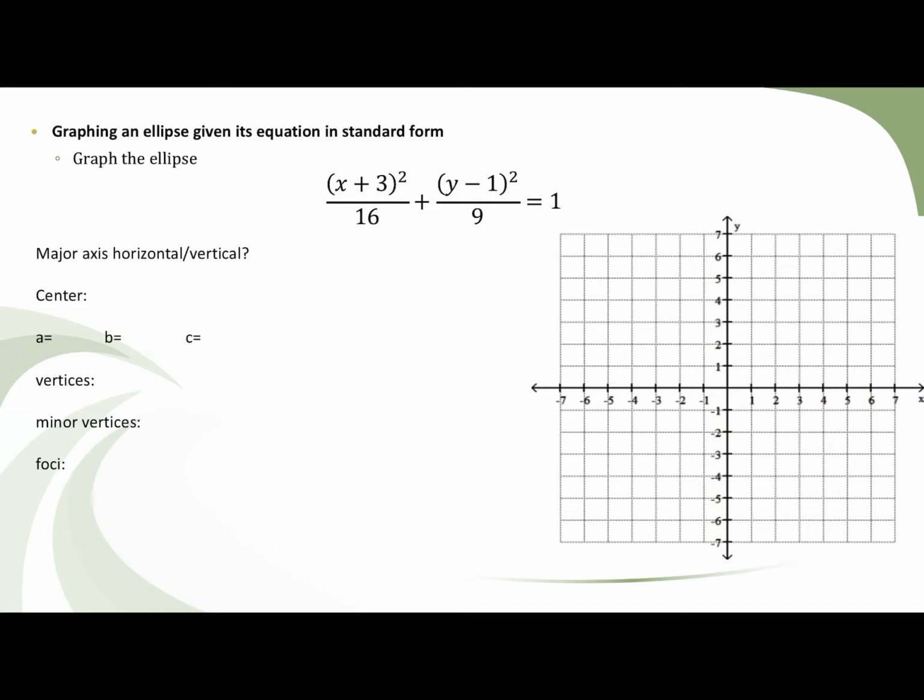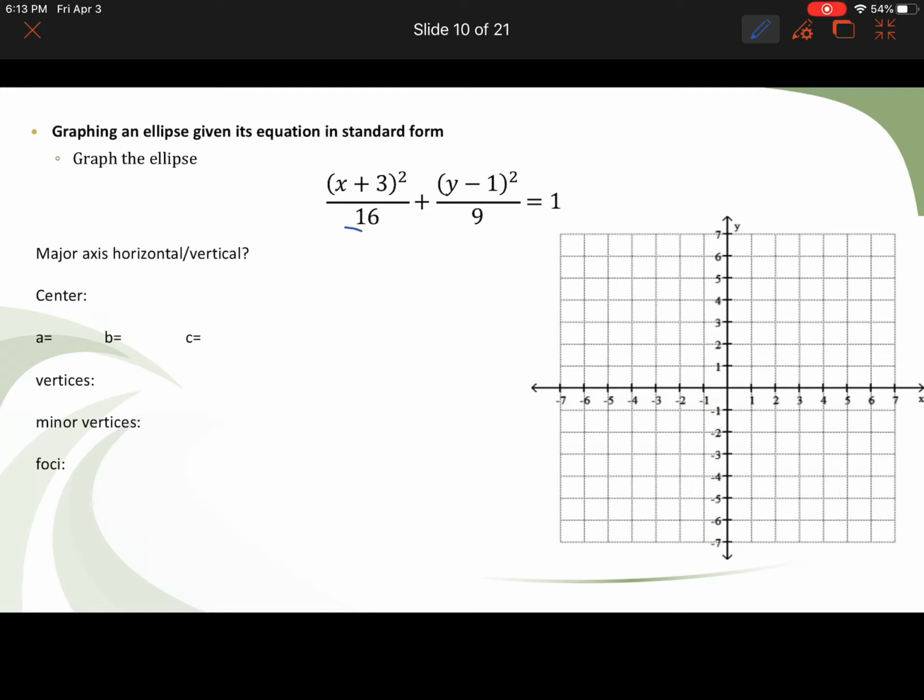And you tell by where A is and where B is, or A squared and B squared, right? So the biggest one is A, and the biggest one here is under the x, so it is going to be parallel to the x-axis, so that will be horizontal.